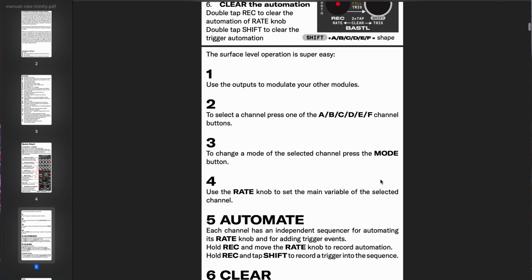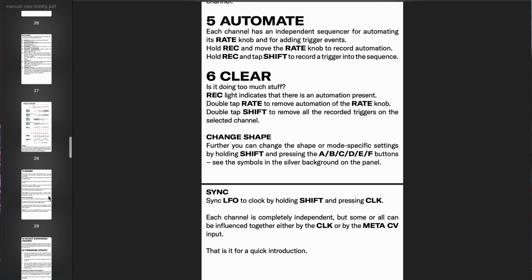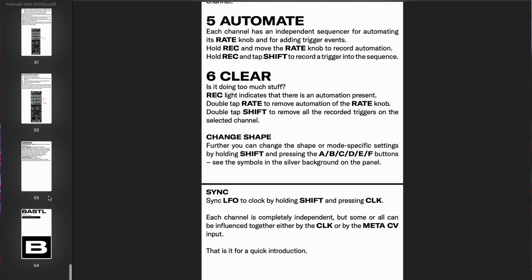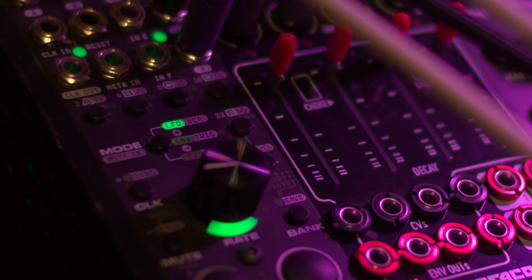It's quite interesting. When it arrived here and I looked at the manual for the first time, I was actually quite intimidated by this module because it can do so many different things. It can do LFOs and envelopes, it can record automation, and it can also generate triggers and record triggers to reset LFOs or to trigger envelopes.